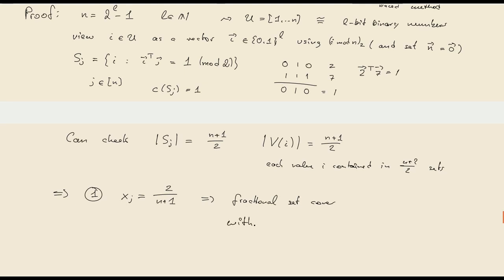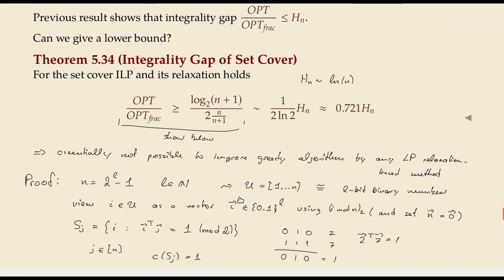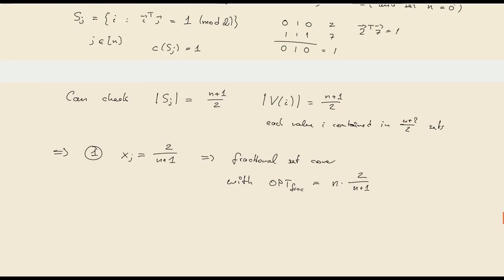And the cost of this fractional set cover is just n times this. And that's the first ingredient that we have down here. That's the same. Okay. Now the second step.